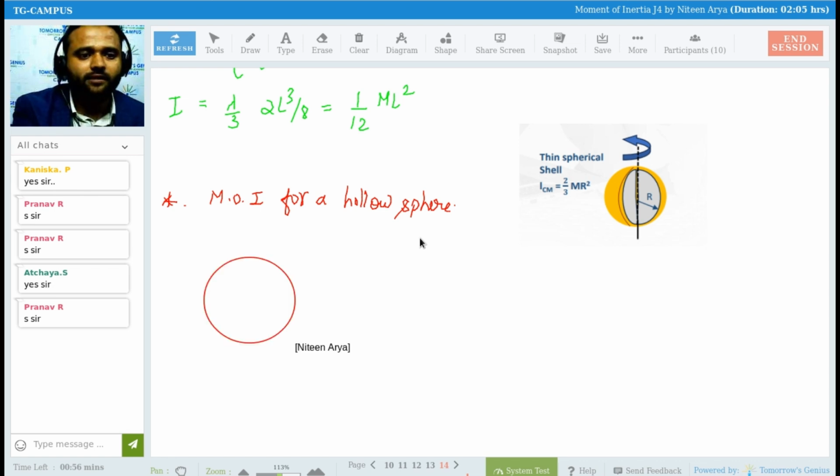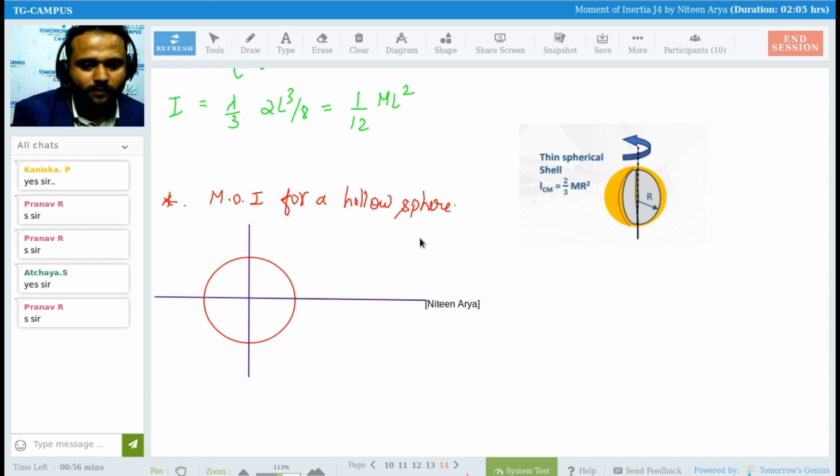So this ring has three axes. Clear? Clear na? It is a symmetric thing and it has three axes.